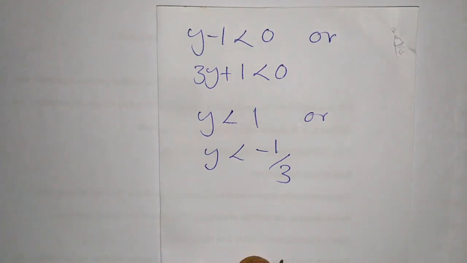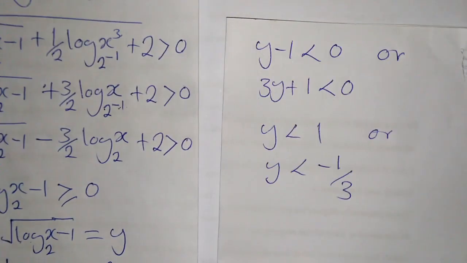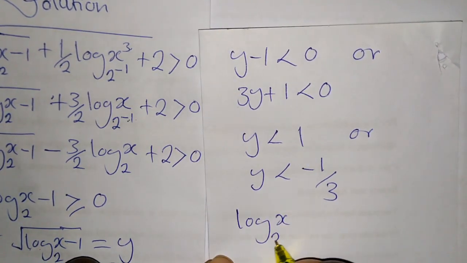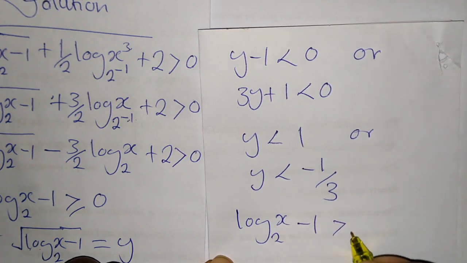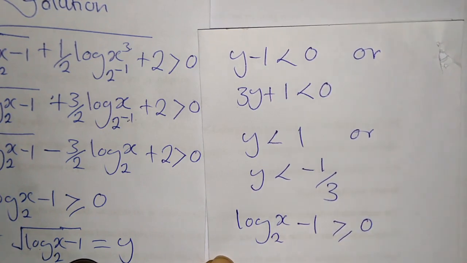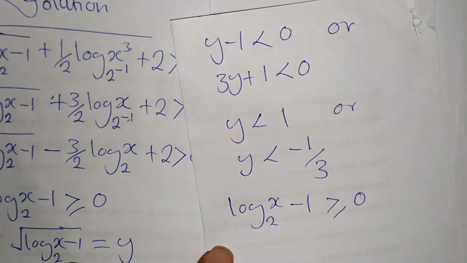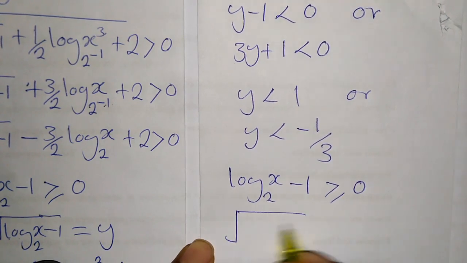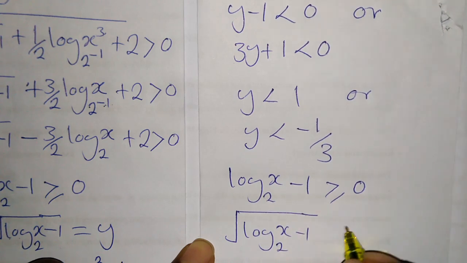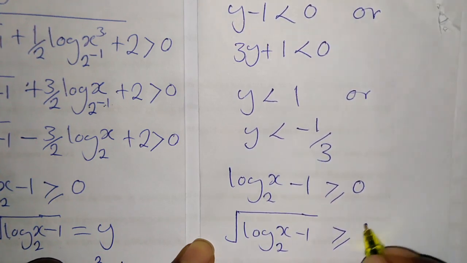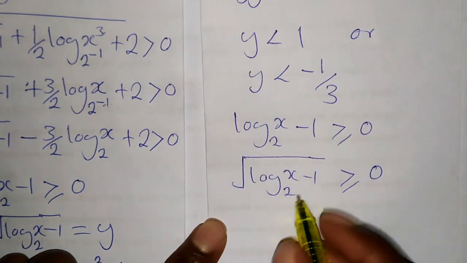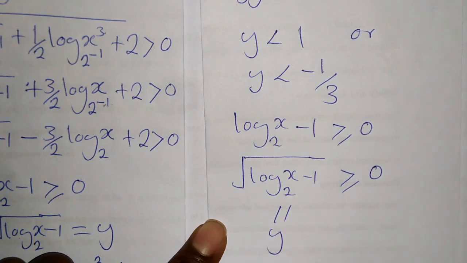But if you could remember earlier on, we have said log x base 2 minus 1 is greater than or equal to 0, which implies that square root of log x base 2 minus 1 must also be greater than or equal to 0, and this is equal to y.